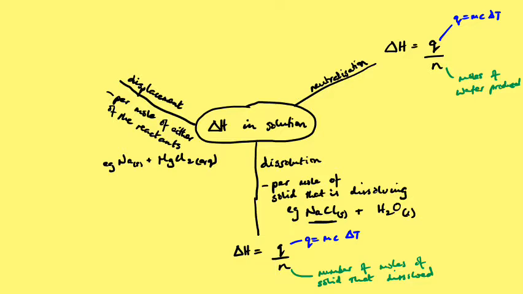So in this case, our delta H again is Q over N, and our Q, guess what? Q is mc delta T as usual, but our N is going to be the moles of the reactant not in excess.